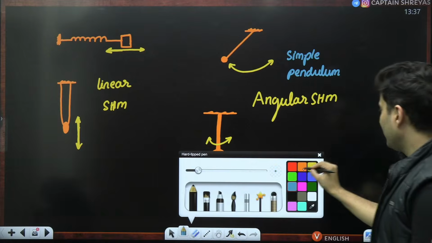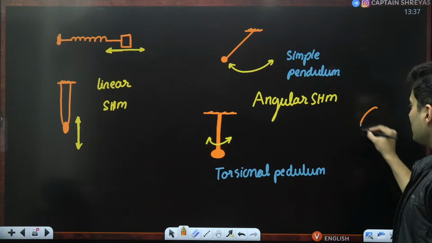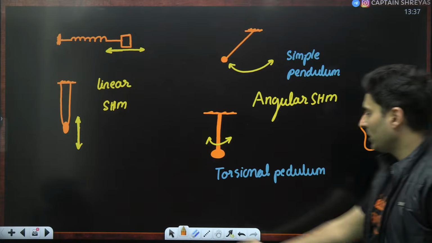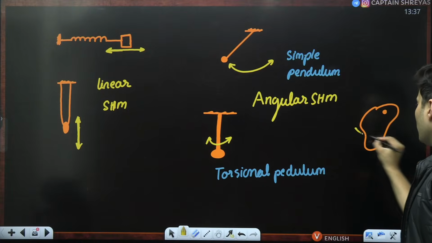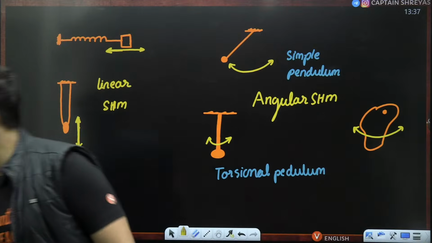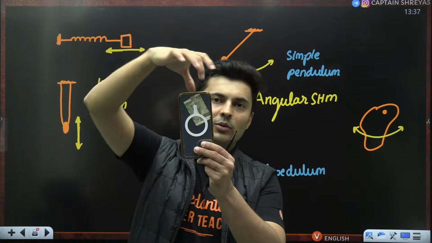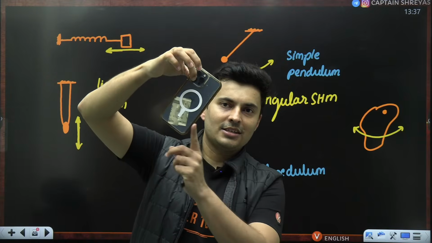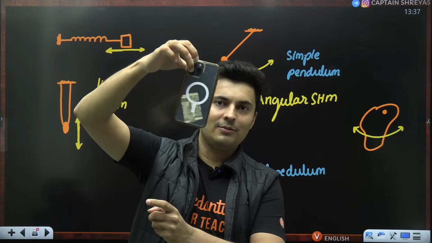There is also another situation where you can just take some object and hinge it over here, support it over here, and it will go back and forth like this. Say for example, I take my phone and I hold one of the cameras maybe over here and just leave it. It is going back and forth.